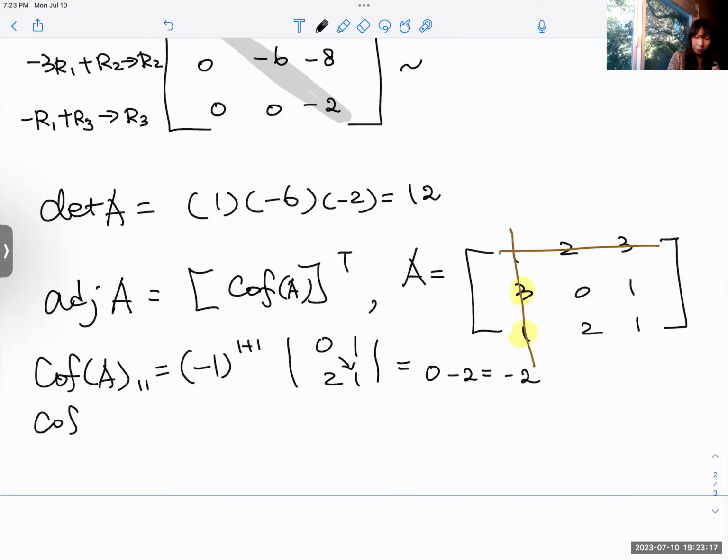Okay, now cofactor of A, 1, 2. We have a positive and then we get negative. Then 1, 2.